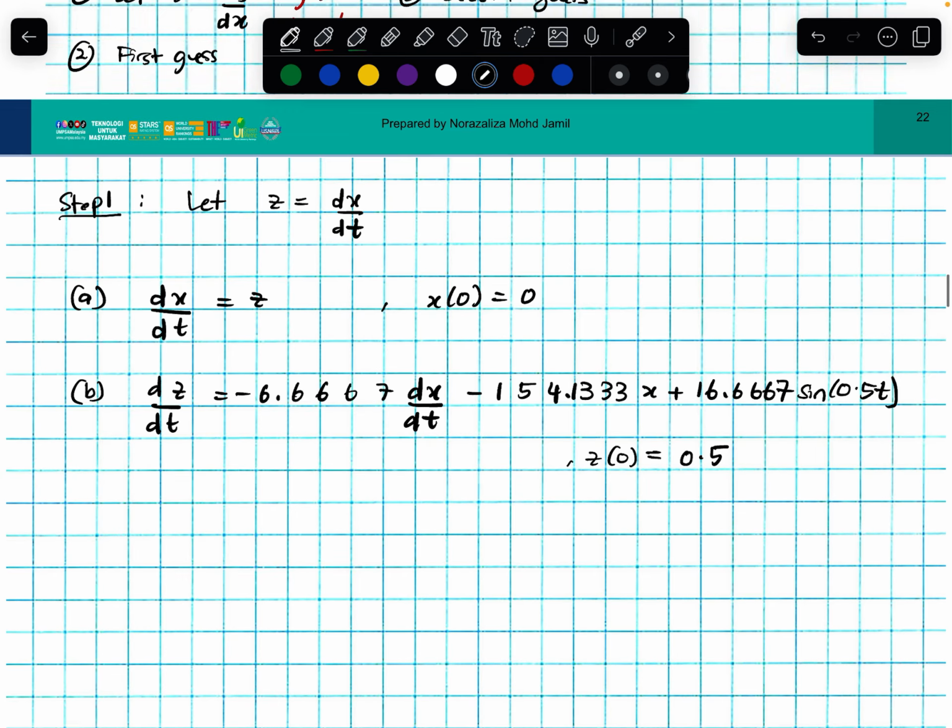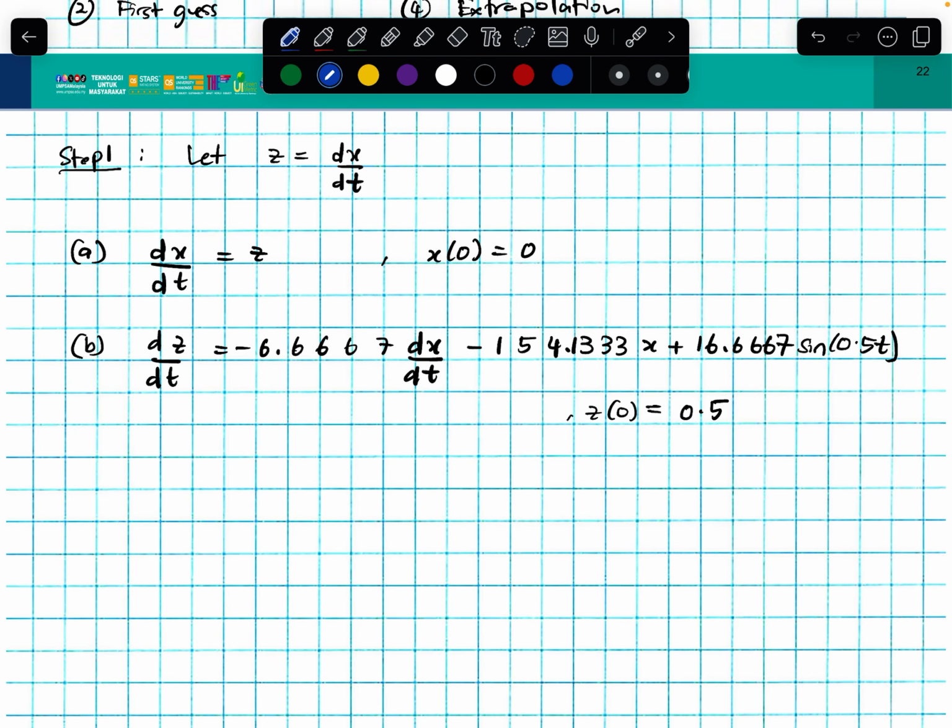Now let's move to step number 2. In step number 2, we solve the first guess. Here our z(0) is given as 0.5, and we need to solve by using Euler method. Remember the formula of Euler method is like this.